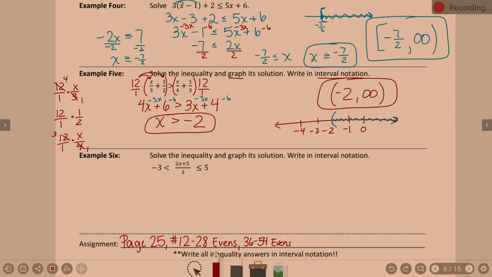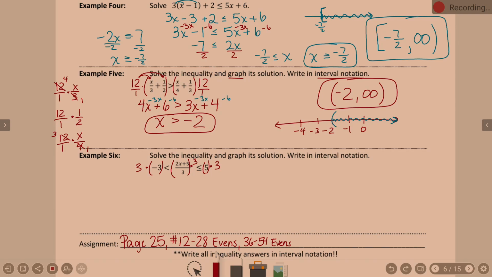So, worry about getting the x in the middle. First of all, I want to get that divide by 3 away. To get divide by 3 away, we're multiplying by 3. Now, here's the deal. If I multiply the middle by 3, we're multiplying all the sides by 3. The left, the right, the middle.